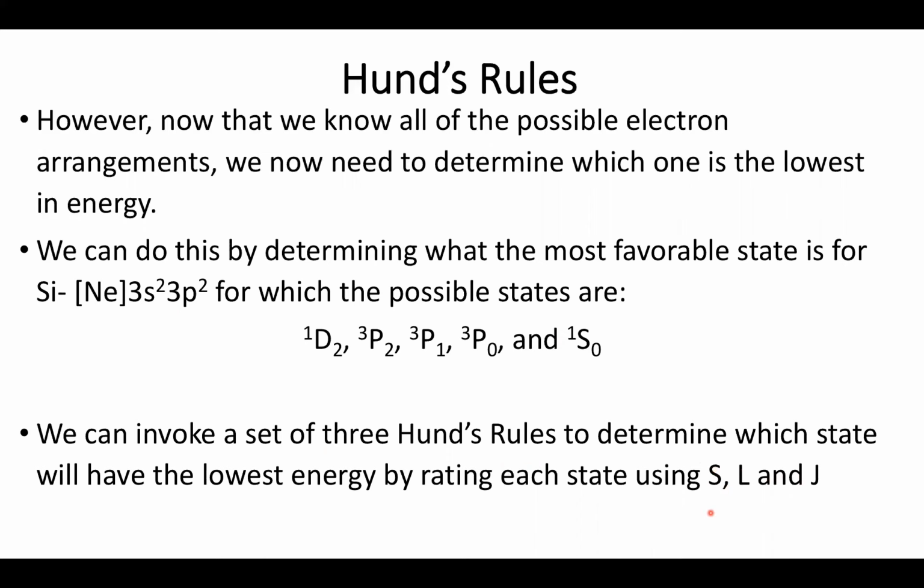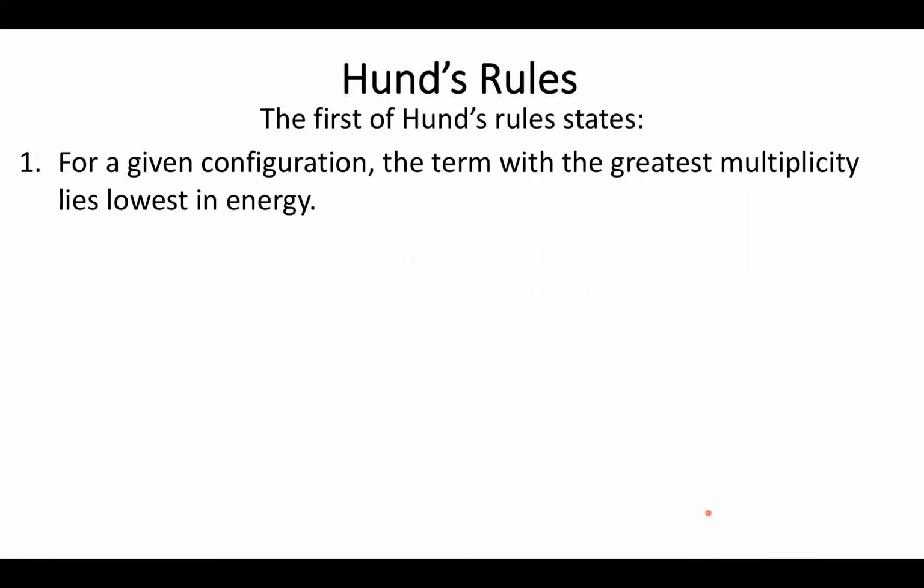So our first and most important rule is more or less a restating of what we've seen before. If I've got a given configuration, in this case 2 electrons in a p orbital, the term with the greatest multiplicity will be the one that lies the lowest in energy.